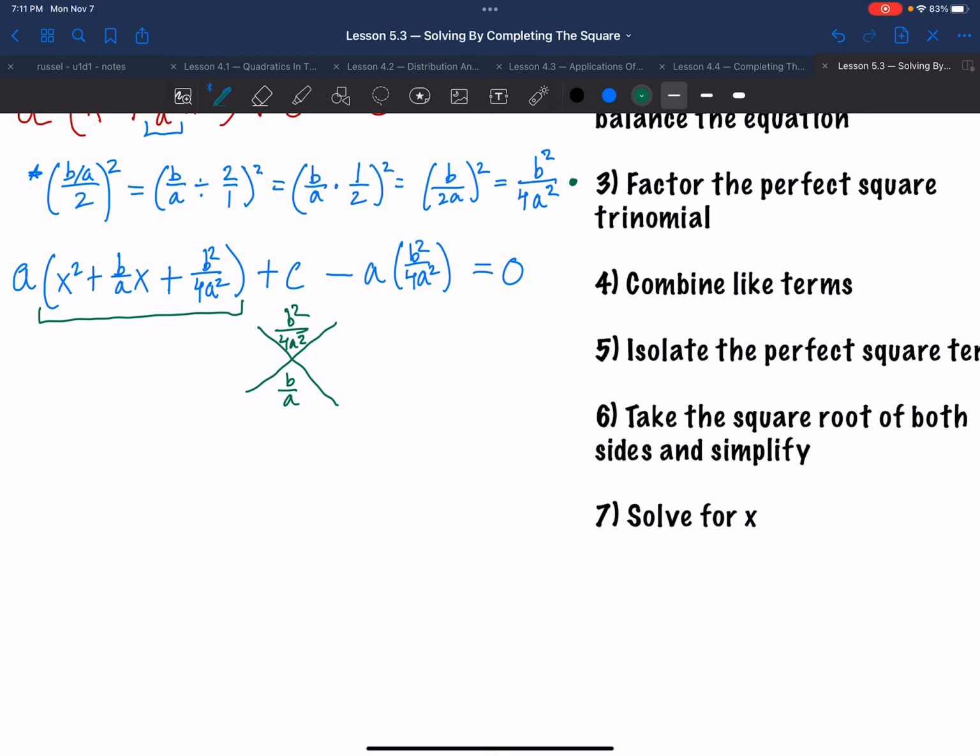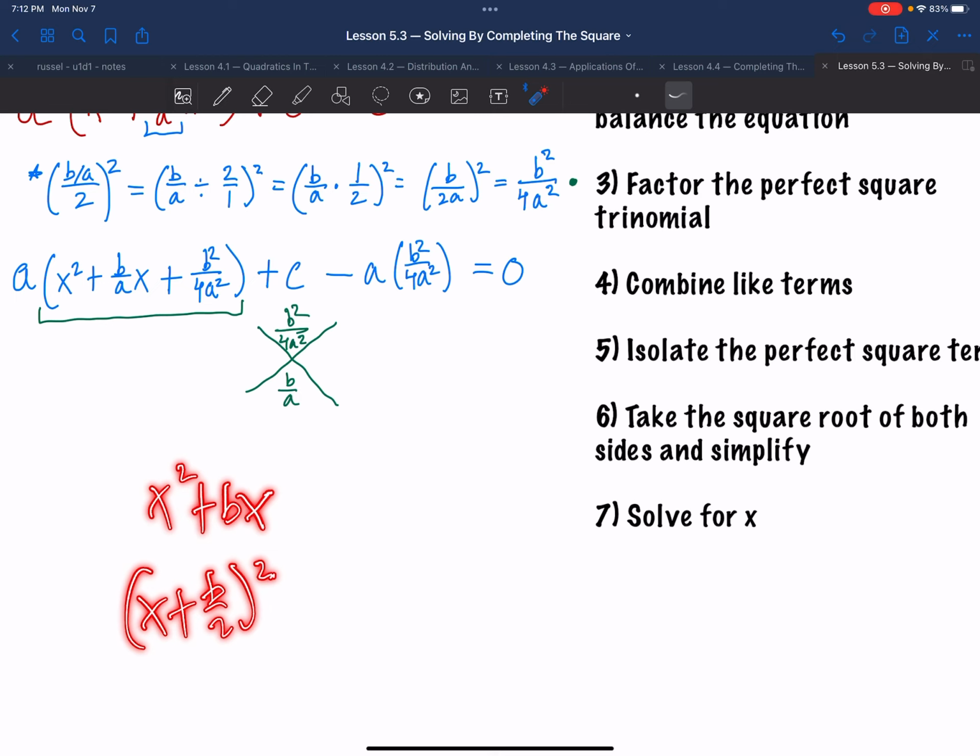But if you've done enough completing the square problems, you know that every time we complete the square on x squared plus bx, it turns into x plus b over 2 squared. Every time.